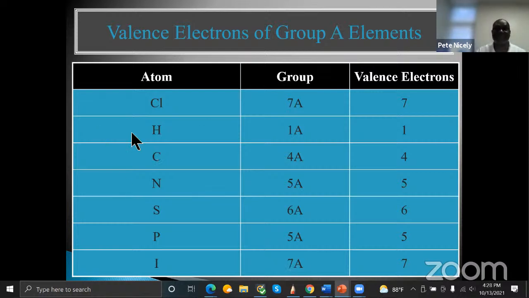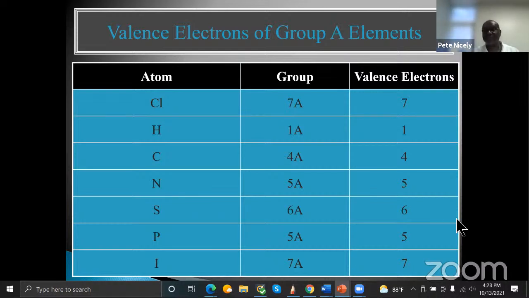So some examples are shown here. So for example, chlorine, which is in group 7A, will have 7 electrons. Nitrogen, which is in group 5A, will have 5 electrons. Carbon is in group 4A, will have 4 electrons, and so on and so forth, all right? So that's the first thing. So you need your periodic table at hand so that you can look up the group numbers, which would give you the number of valence electrons, all right?